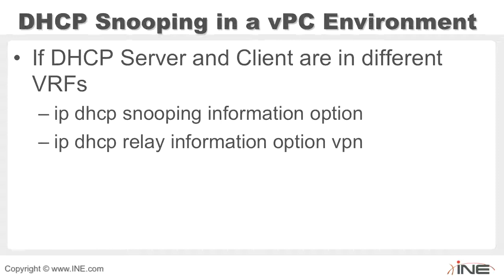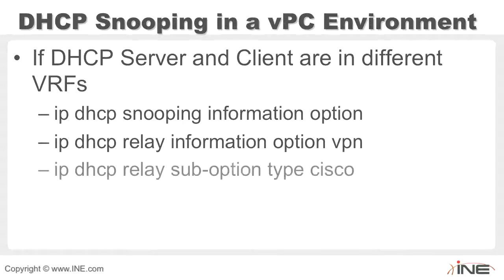The vpn argument at the end of the ip dhcp relay information option is something that we need to have for a smart DHCP relay. We also need to specify ip dhcp relay information option suboption type cisco to make sure that that is written to the request across VRFs.